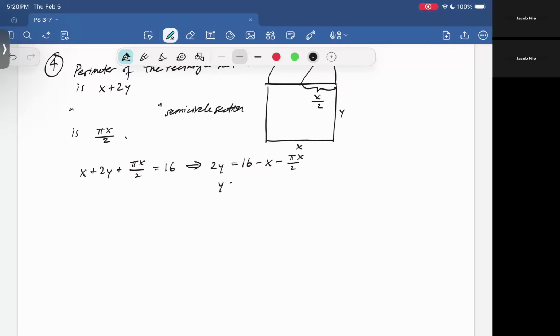Which means that y equals, what's the simplest way to write this? 8 minus 2 plus pi over 4 times x.